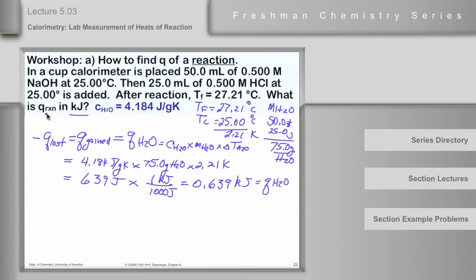So Q of the reaction is equal to minus Q of the water, which is equal to minus 0.639 kilojoules for this amount of reaction. However much reaction occurred, it gave off 0.639 kilojoules. Questions on that one?